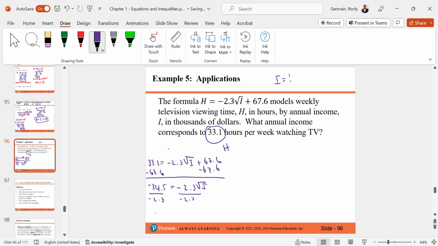What we end up having, 15 equals square root of I. Now, how do we solve for I? Yes, raise both sides to power 2. So what is I then? I is 225.